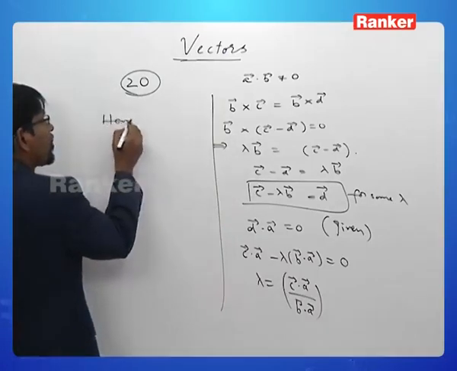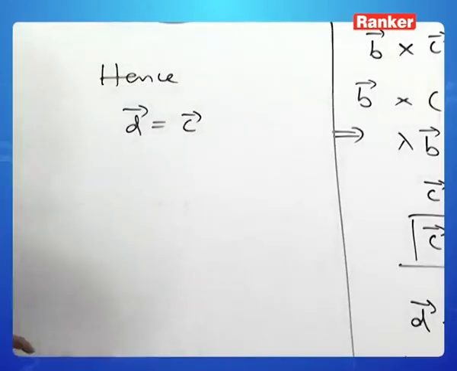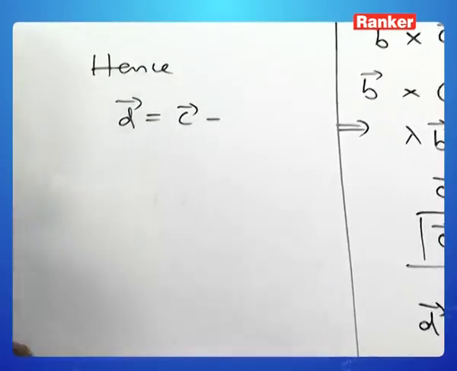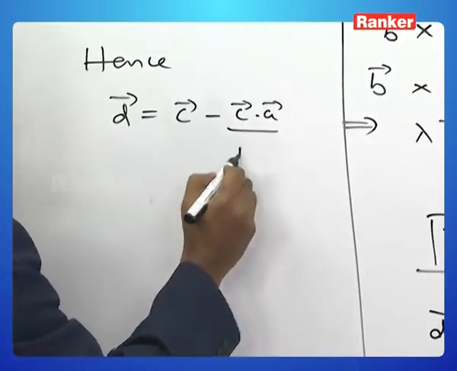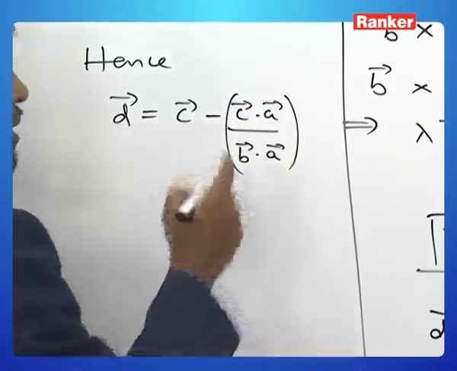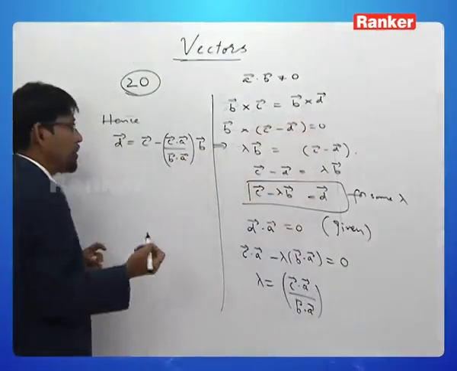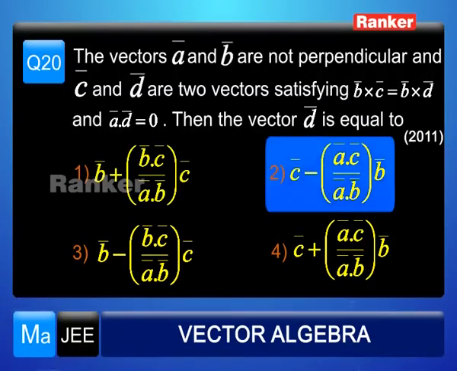Hence, our D bar is equal to C bar minus lambda B bar. That is, instead of lambda, I'll write C dot A divided by B dot A, that into B bar. So clearly, option 2 is the right answer. Option 2 is the right answer.